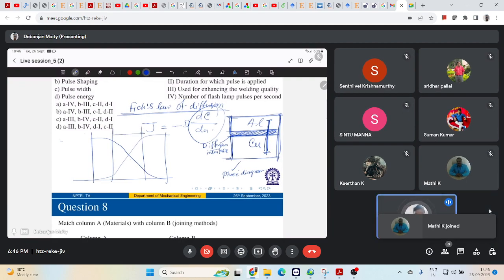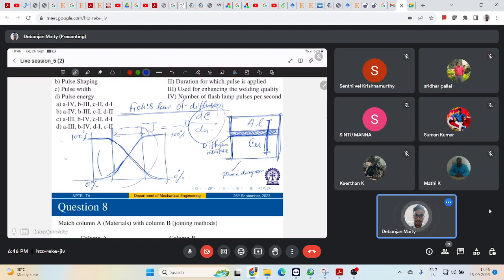So this is my total interface where there was 100% aluminum, and at the interface aluminum is starting to reduce, and here it is coming to 0%, and vice versa for the copper. Initially it was 0%, and at the interface it is starting to increase, and then it is coming to 100%.